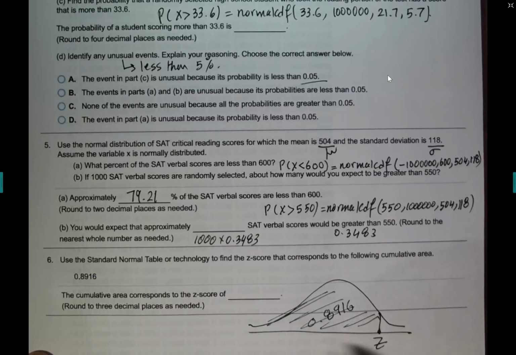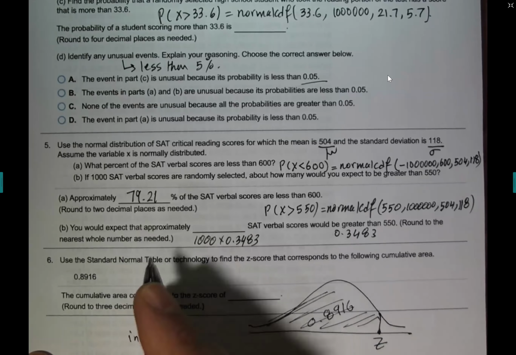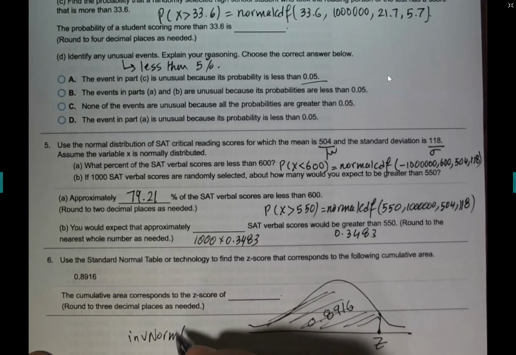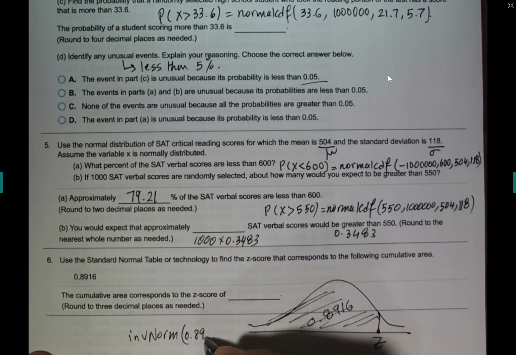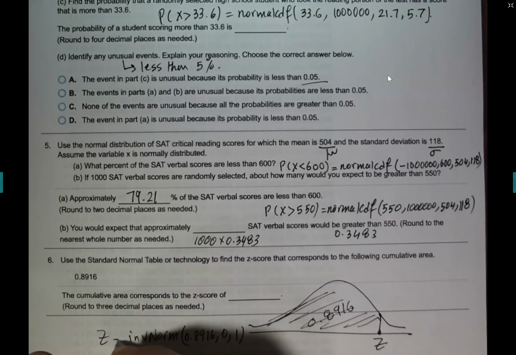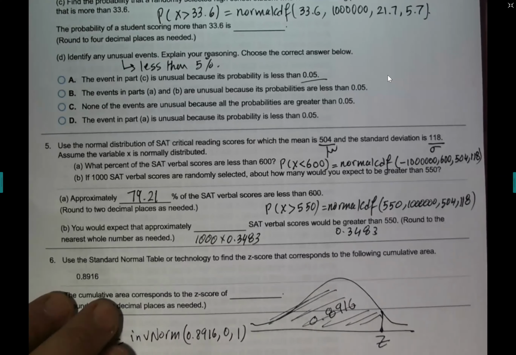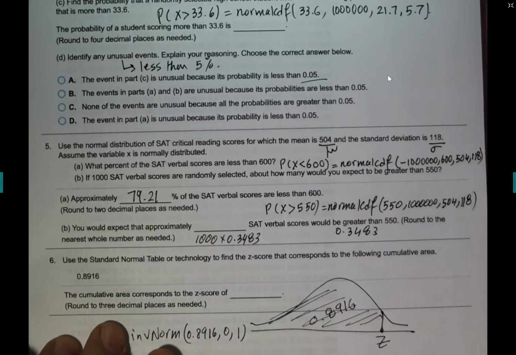So it's an inverse norm. Cumulative is an area to the left always. So you just put 0.8916, comma 0, comma 1, and then you can find the z-score. Any questions? We're still reviewing sections 5.1, 5.2, and 5.3.